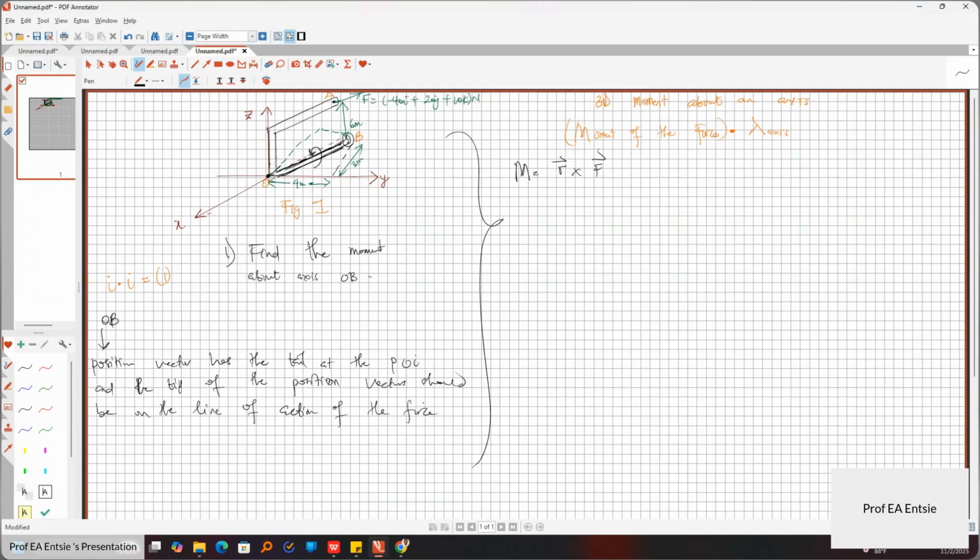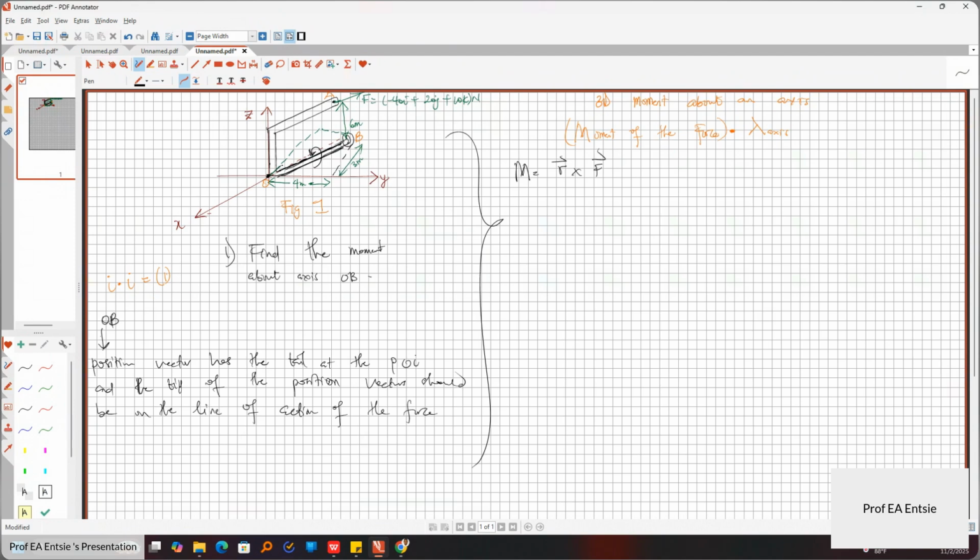So that's what you should know. Whenever we want our position vector, we draw a line from where we are interested in. In our case, we are interested in coming from the OB axis to a point on the line of action of the force.